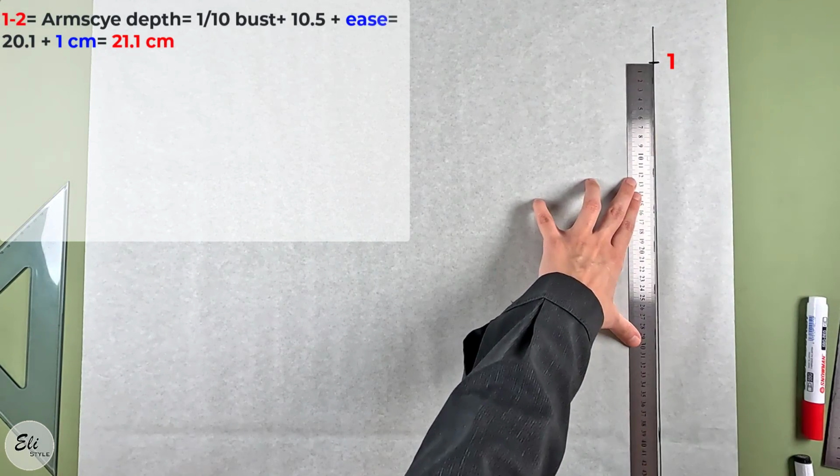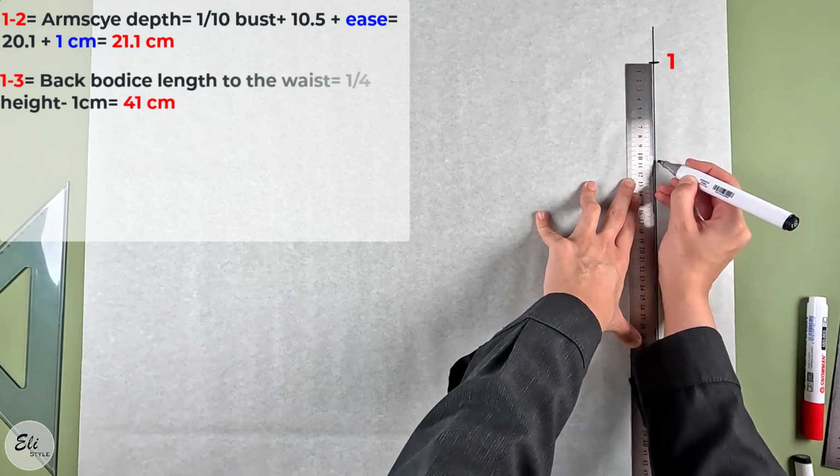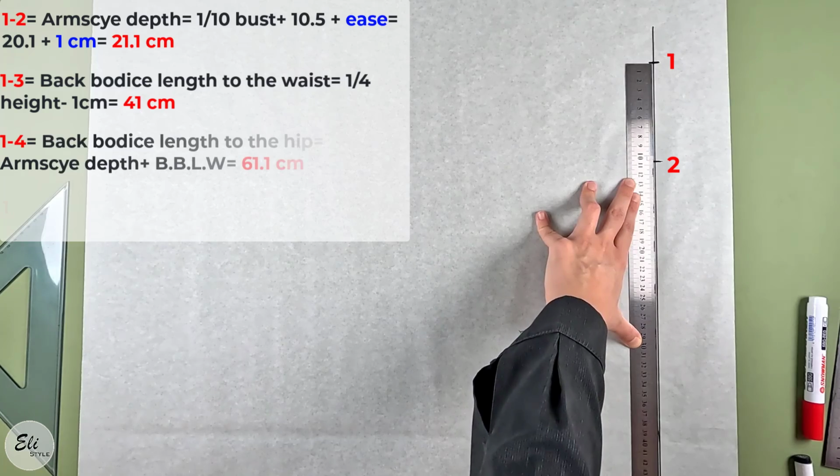On this line, mark the arm side depth, back length to the waist, back length to the hips, and total garment length.